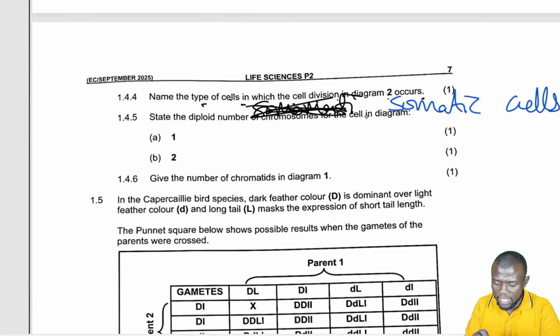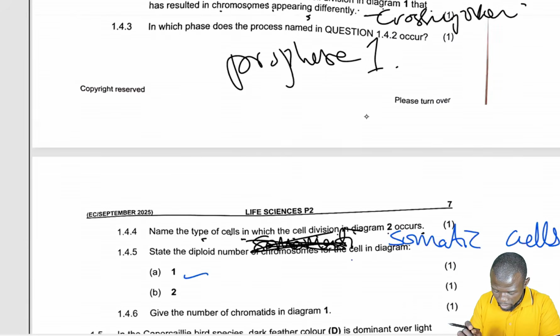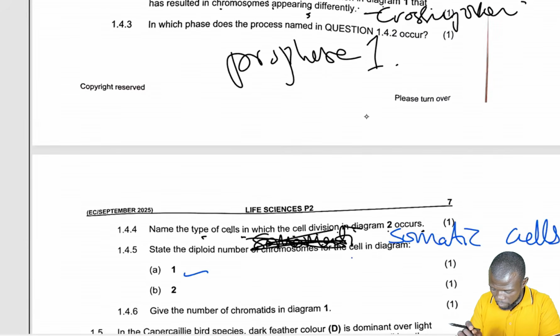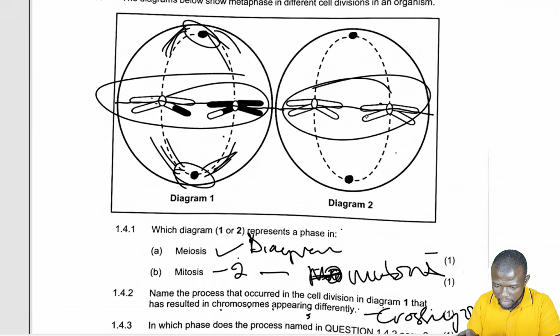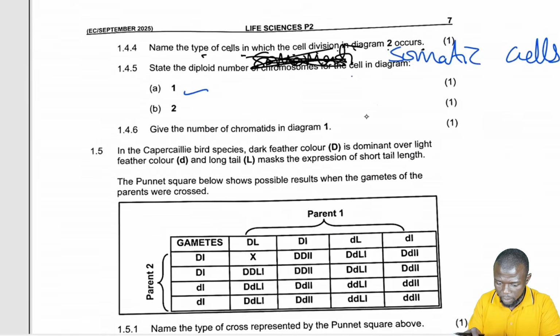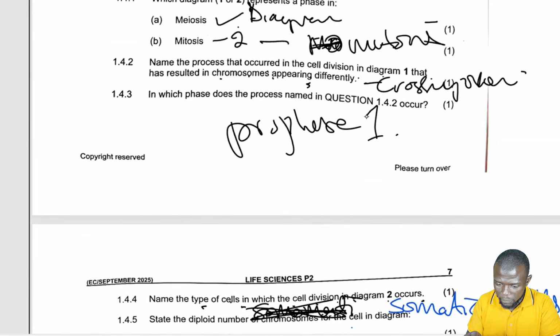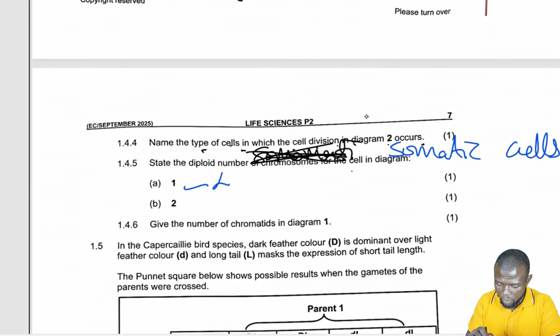Then they're saying, state the diploid number of chromosomes in the diagram. Diagram 1, diploid number of chromosomes. Did I say it's a human cell? I didn't say anything about a human cell. So it's going to be the diploid number. It's going to be 4.